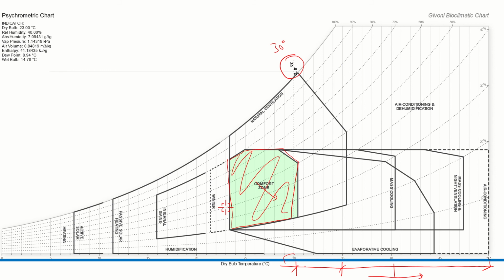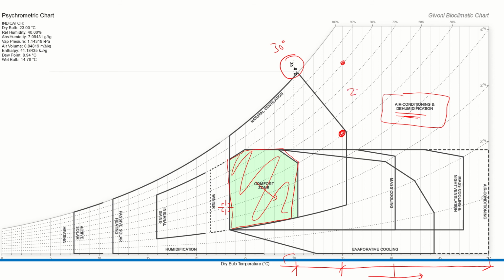If the temperature is, let's say, 35 degrees, and humidity is somewhere here in the 50s or somewhere here in the 90s or 80s, it gives you certain indication that you have to do this: we need air conditioning or dehumidification, depending on the context.